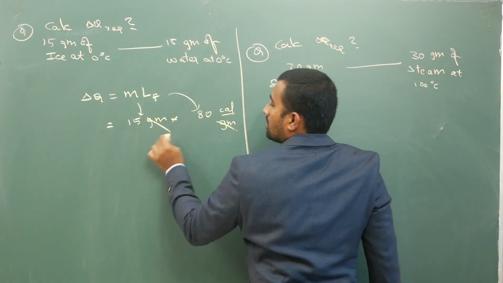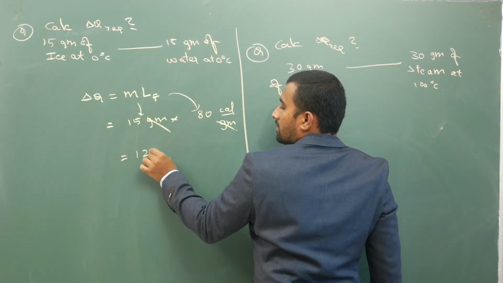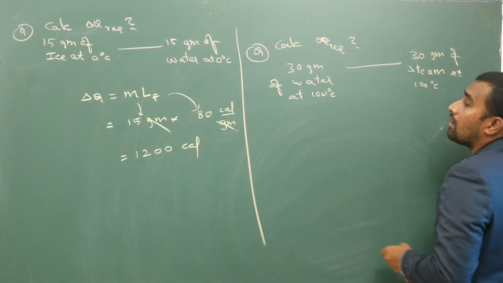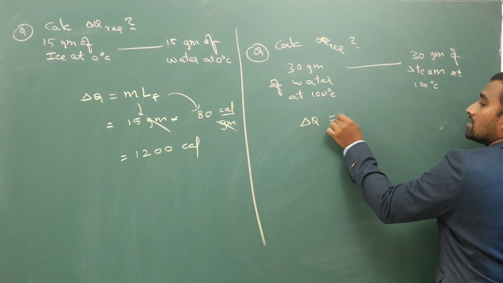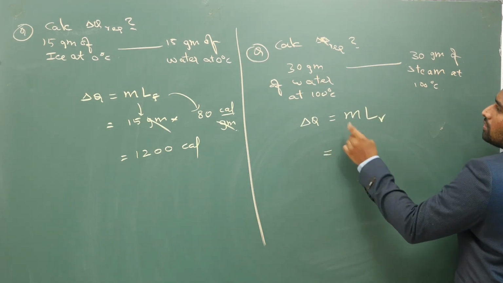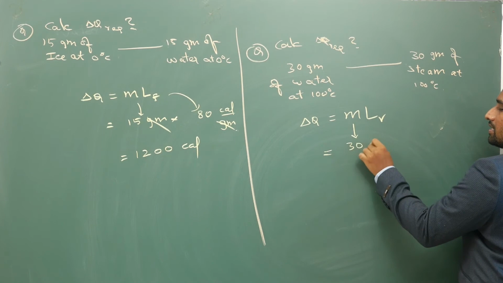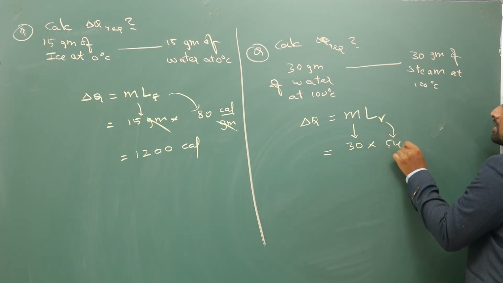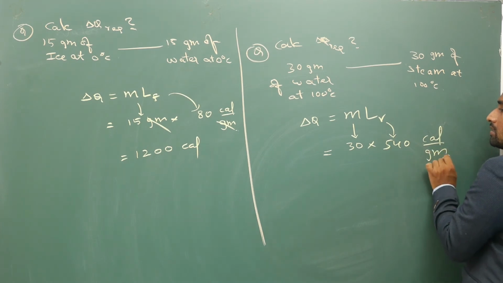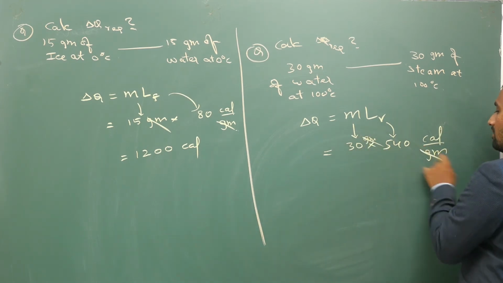Gram will go off, 15 8s are 120, so 1200 calories is the energy required. And here delta Q is equal to mass times latent heat of vaporization. So your mass is 30 times latent heat of vaporization, 540 calorie per gram. Units very important. Gram will go off.